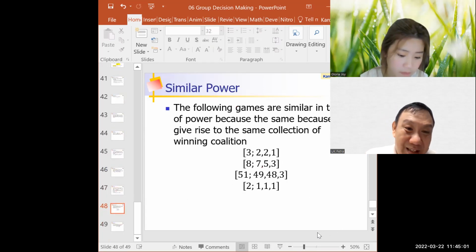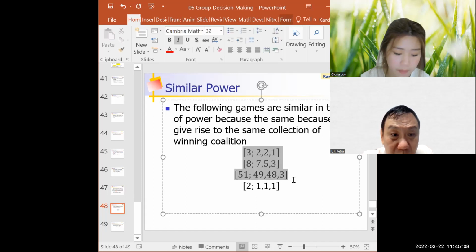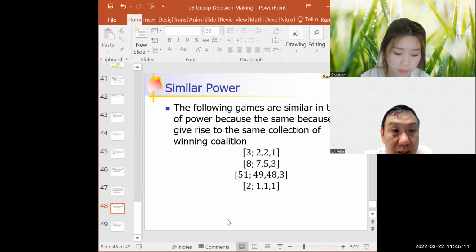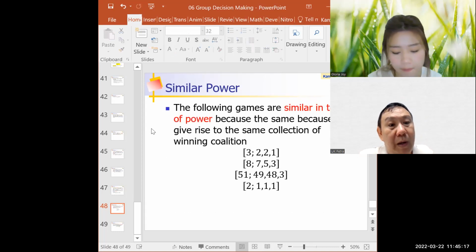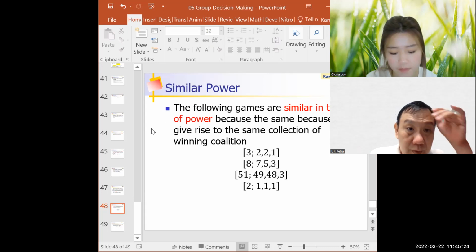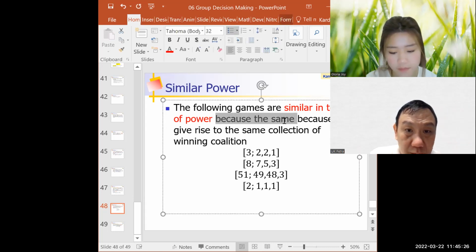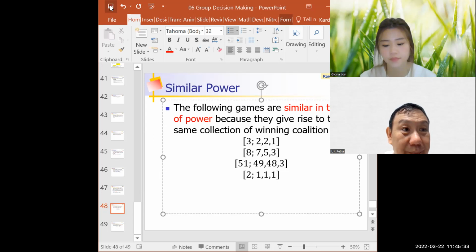Okay, so these are the next one. Based on the power, the following games, these 4 games, are similar in terms of power. Why? Because they are the same. They give rise to the same collection of winning coalitions.